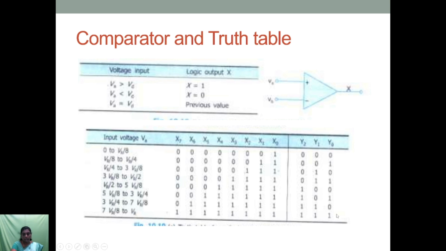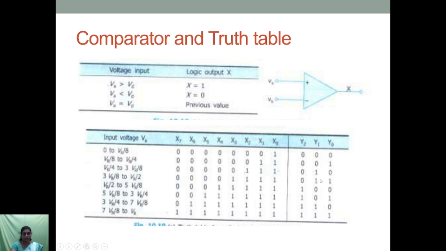So this is the 3-bit representation. The final or maximum 3-bit value will be 111, which is the output for the input voltage which lies between 7 VR divided by 8 to VR. So this is the maximum output we get.